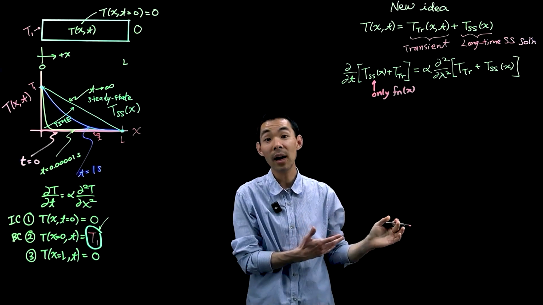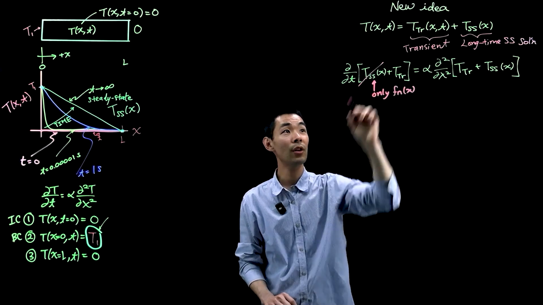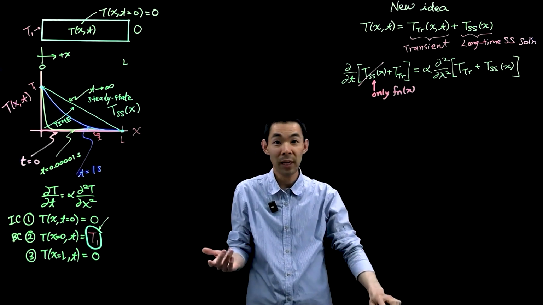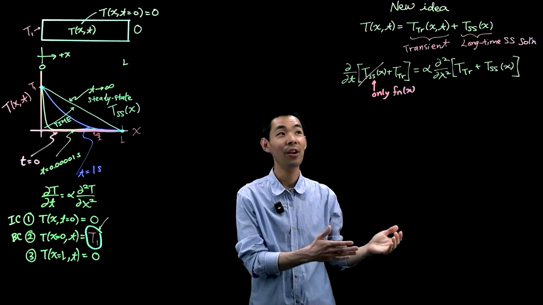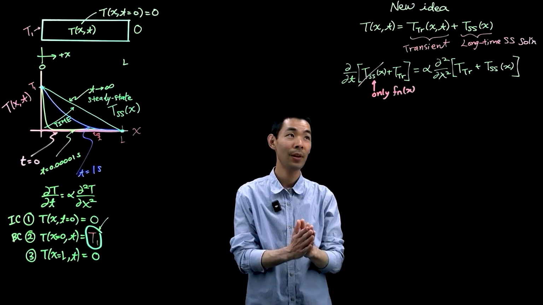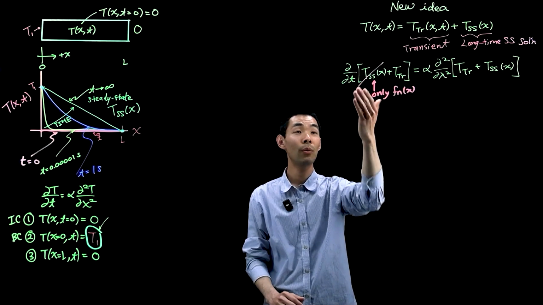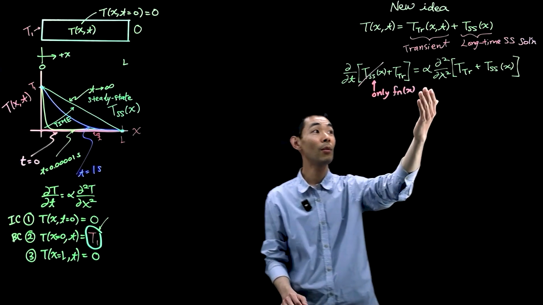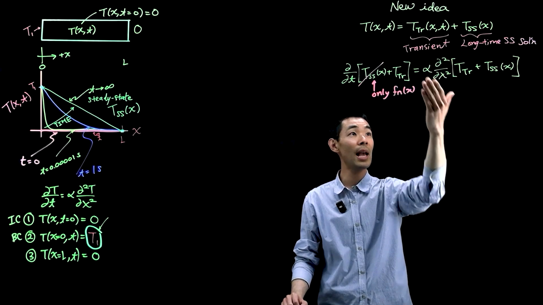It doesn't depend on time. And therefore, when you take the time derivative here, this term will go away because you're taking a time derivative of a function that's only of x. And therefore, that term goes away. So on the left-hand side, we're just going to have a partial derivative of T transient with respect to time. And the right-hand side, we're going to have 2 terms. Now, both terms will stay here because this is an x derivative.